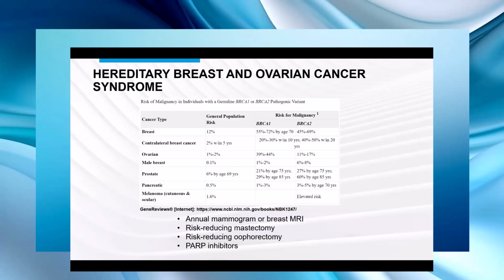That includes annual mammogram and breast MRI at a younger age, and also risk reduction. Prevention surgeries can also be considered, and more importantly, as we talked about already, the BRCA1, BRCA2 pathogenic variants can make the patient eligible for PARP inhibitor treatment.